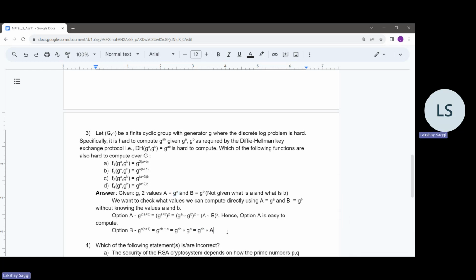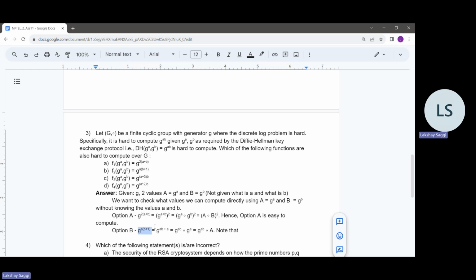So note that. What I'm now trying to claim is, I'll just give you an idea. We need to answer whether calculating this value is easy or hard.